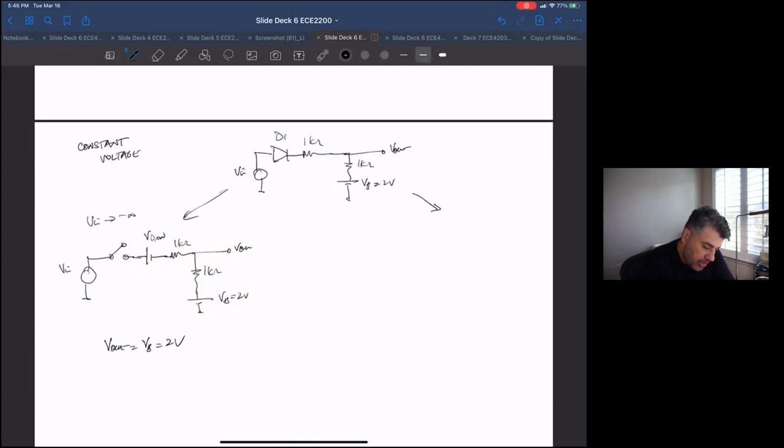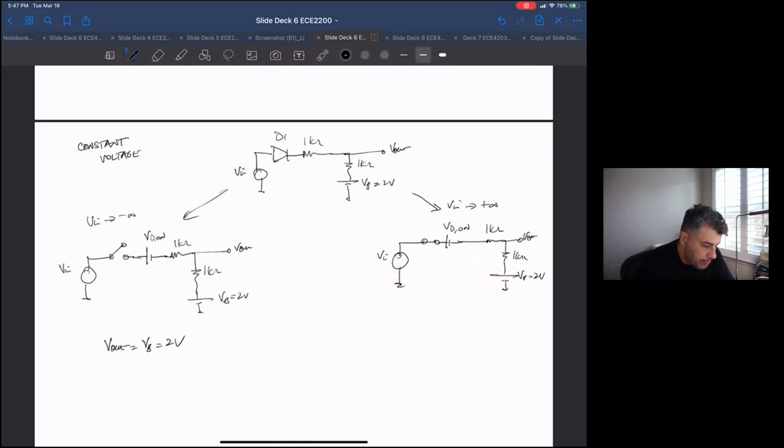Okay, so then Vn goes to positive infinity, and now we get the VD on. VB is equal to 2 volts. We do the KVL again to get I sub x.